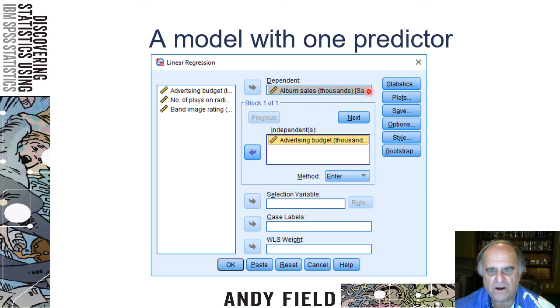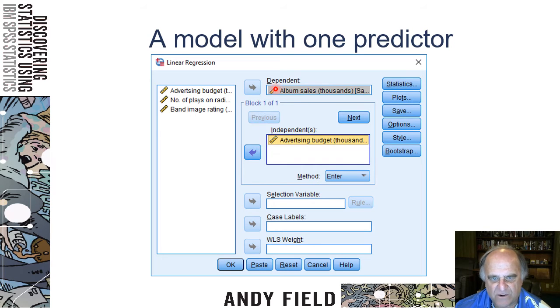I should note here, it's important in SPSS to make sure your data has the correct type of scale or level of scale. So that's what this is telling you, that this is basically a continuous variable, a scaled variable, and so is advertising budget.